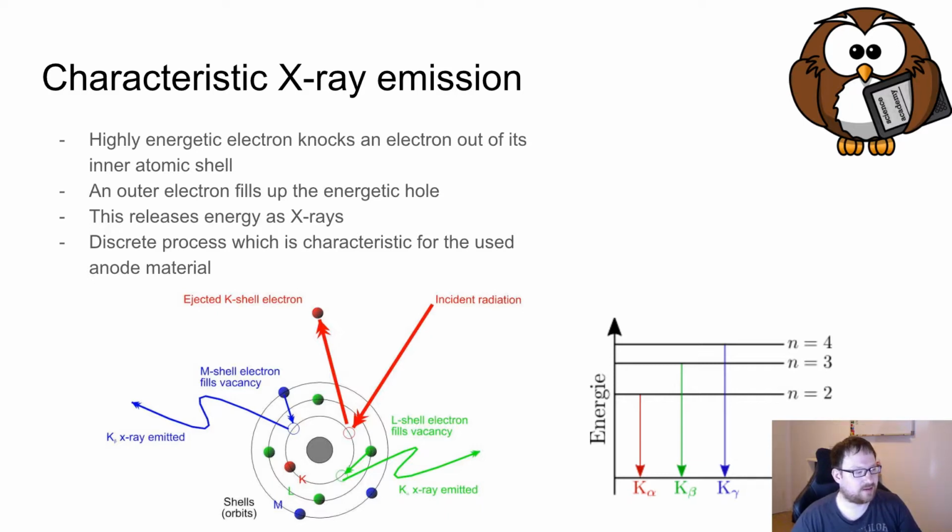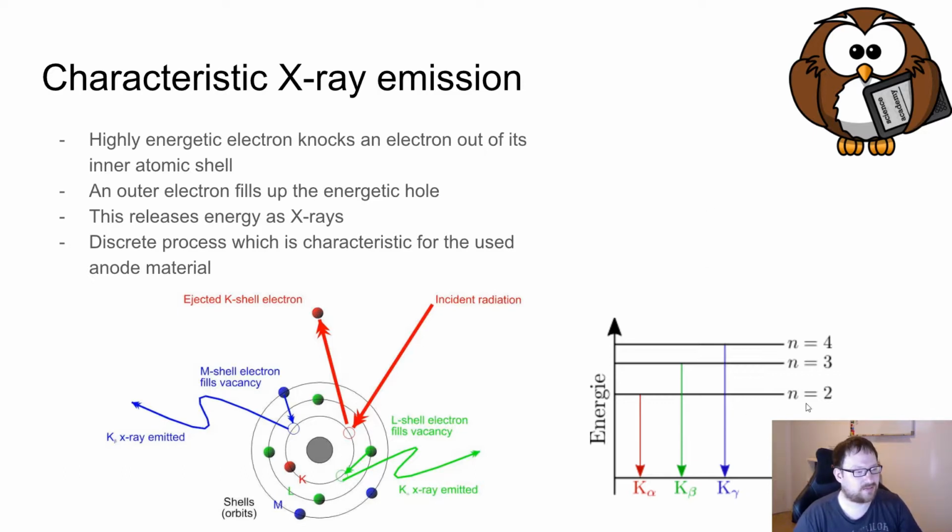An outer electron, for example from the M shell or from the L shell, will fall down into the lower energy state and fill up this hole. The difference in energy between these two shells has to be released, and this is exactly the characteristic X-ray radiation we see in the end.